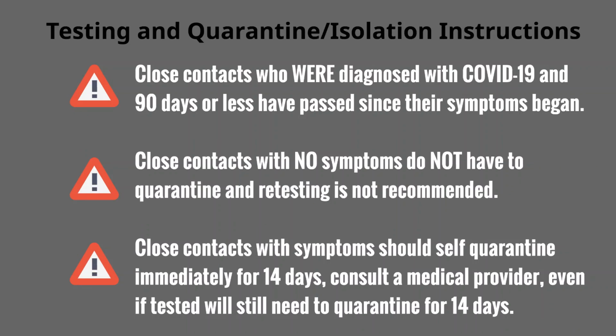If a contact has symptoms, they should self-quarantine for 14 days, consult a medical provider. However, testing is not really recommended because even if they're tested, we're still going to recommend that they quarantine for 14 days if they have symptoms. So let's pause for a few seconds to read this slide.